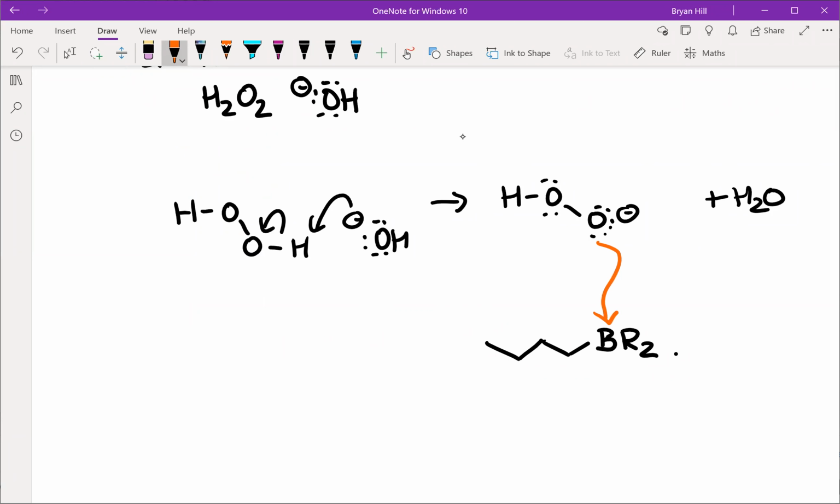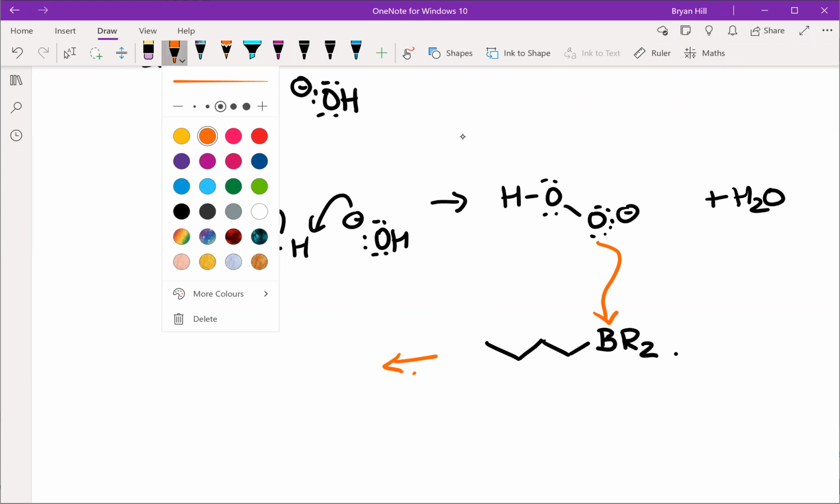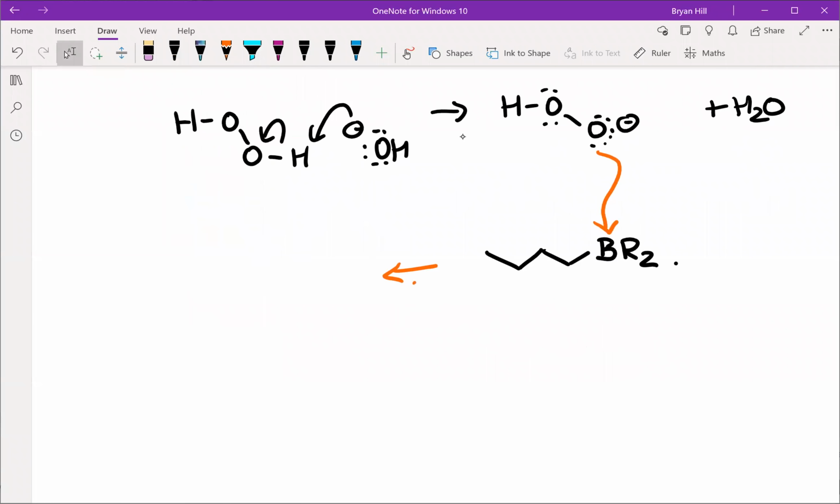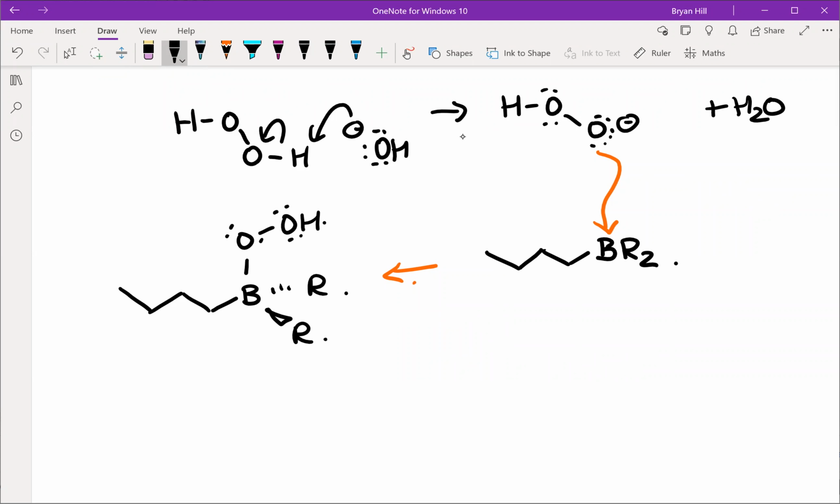And this is going to form, I'll draw O, R. And I am missing a formal charge, and it's a negative charge because it was negative over here.